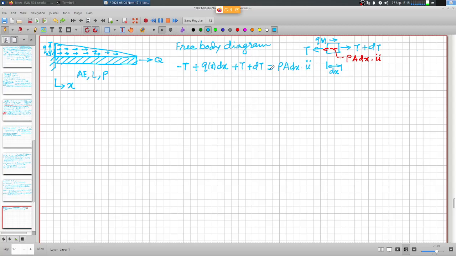This is Newton's second law, the law of momentum. Mass is time invariant, so the rate of change of momentum is equal to mass times acceleration. So this leads us to the basic differential equation.